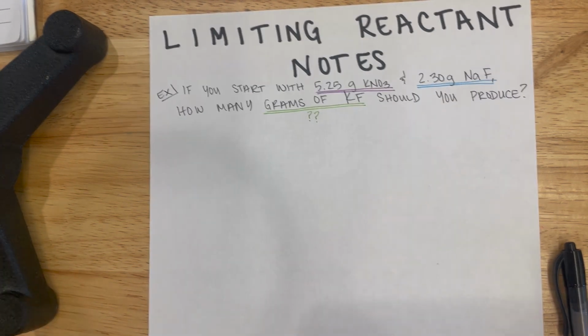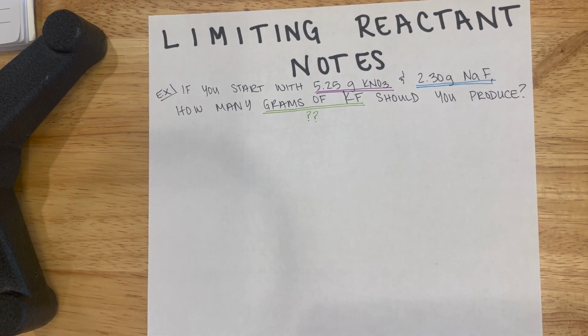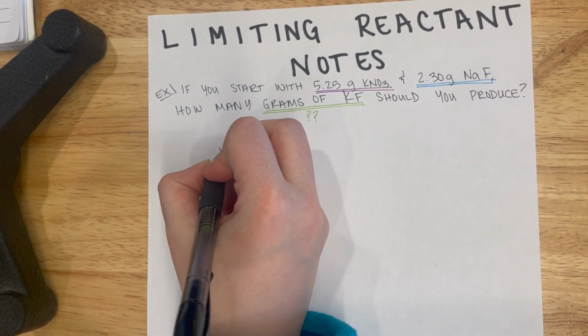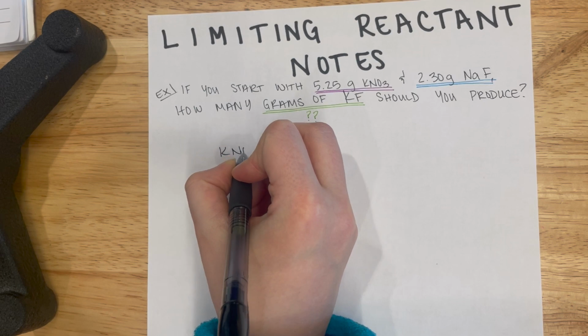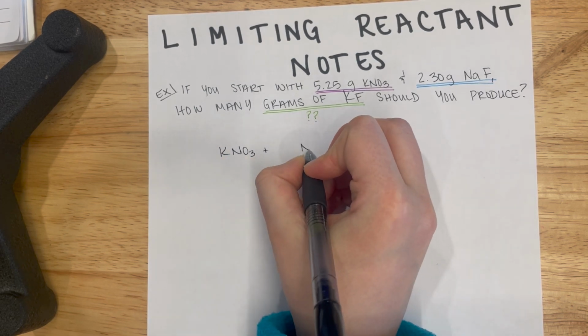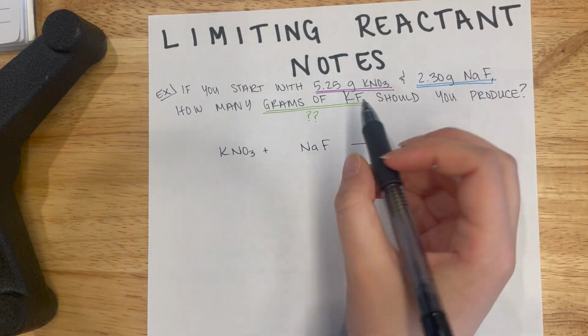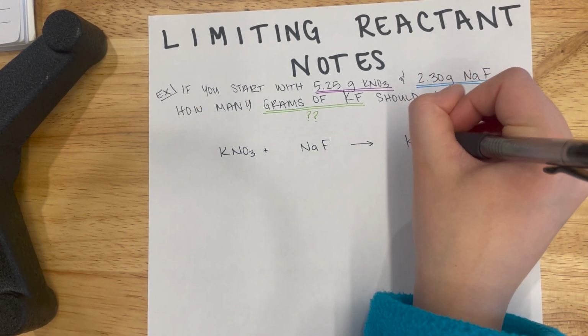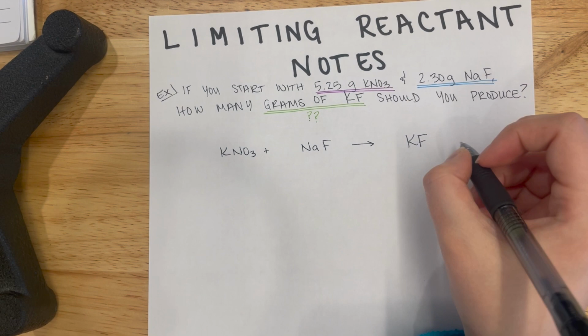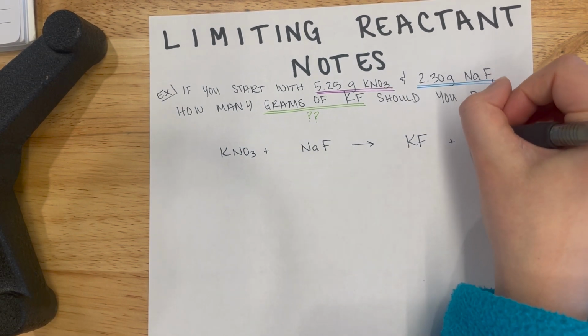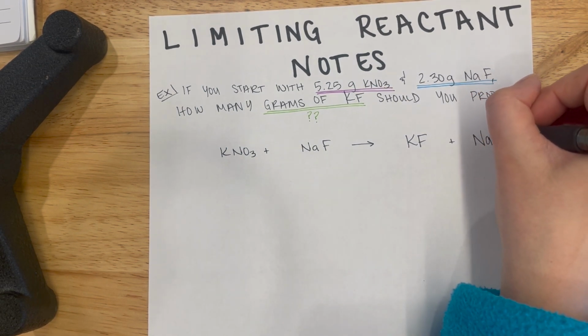So we need to write out a chemical equation here, right? So we are combining potassium nitrate with sodium fluoride, and we know that we're producing potassium fluoride, so this is a double replacement reaction, which means the other thing that we make is sodium nitrate.